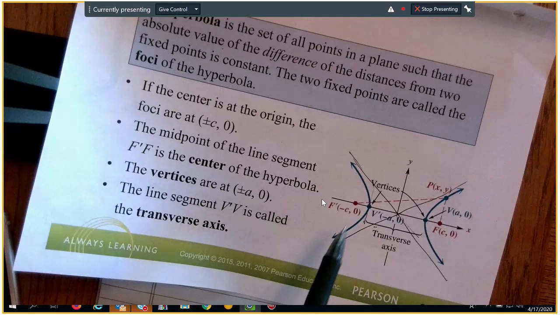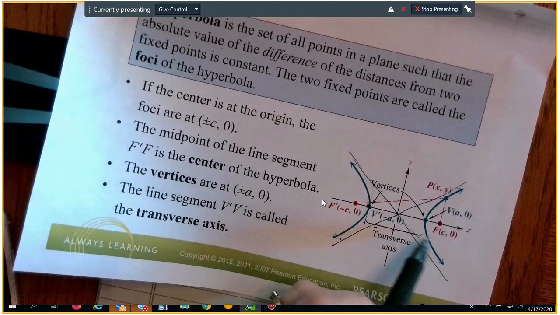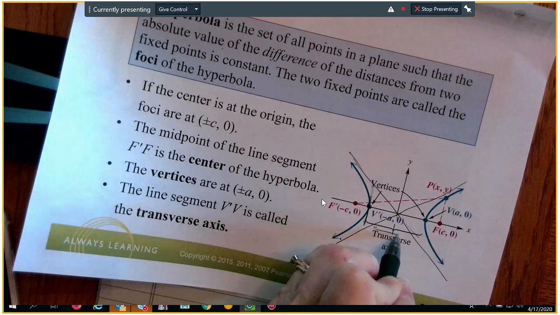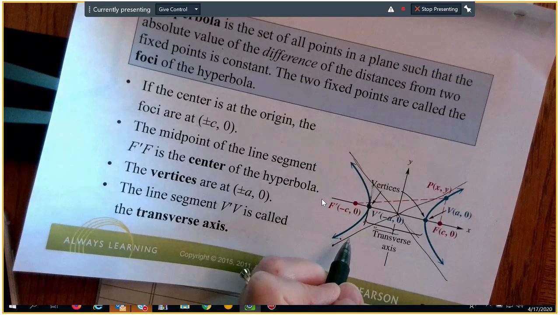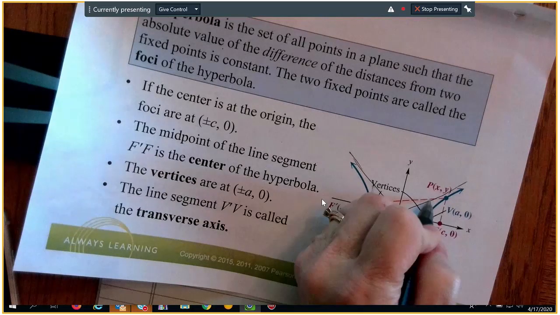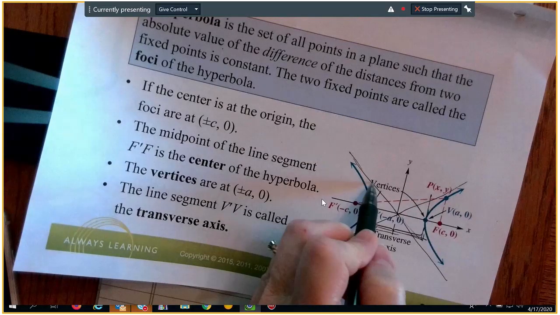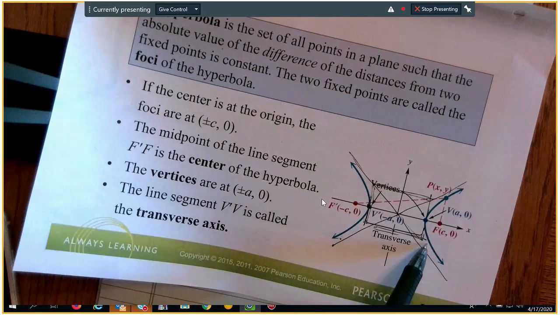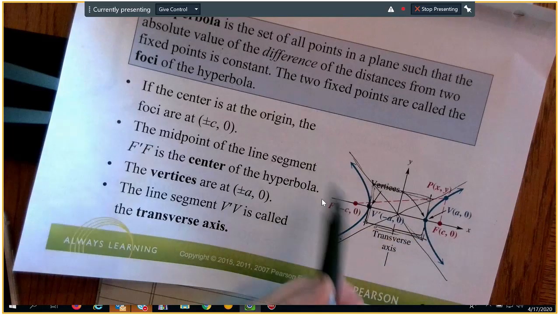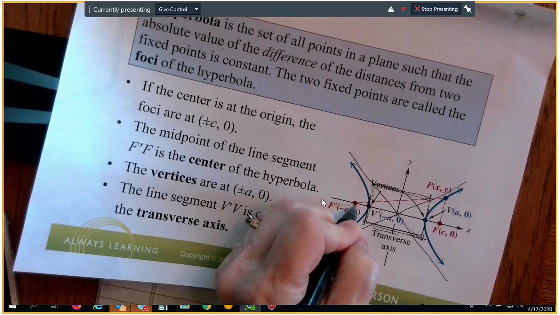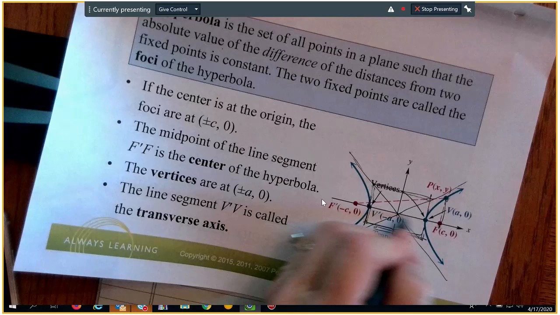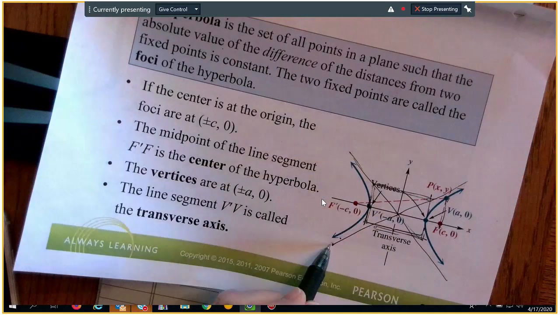If my vertices are at a and b, and I can draw a line through here, then we can see that from point to point on your foci, we have a 90-degree angle because we've got our transverse diagonals through here.